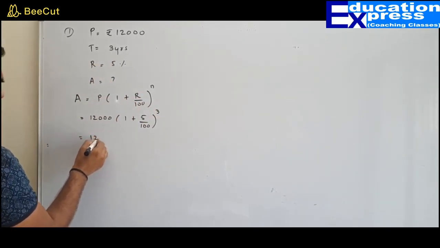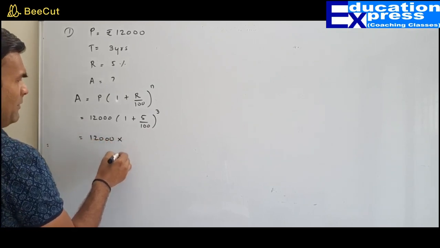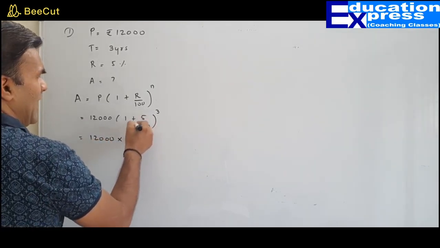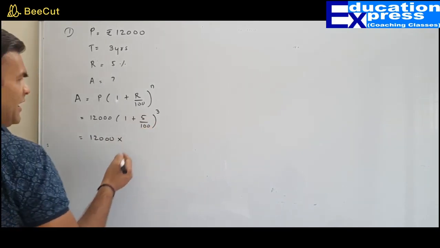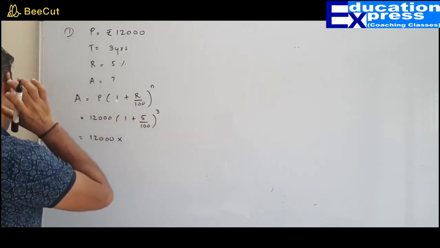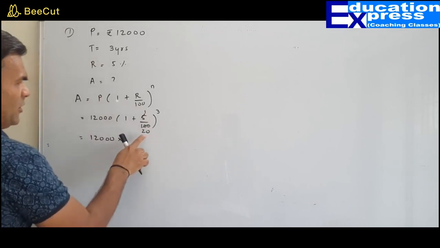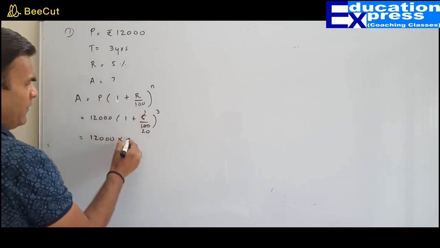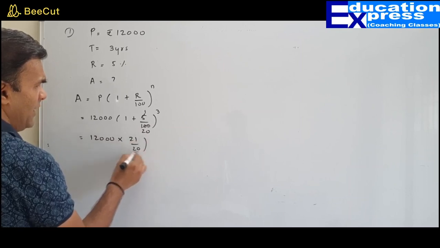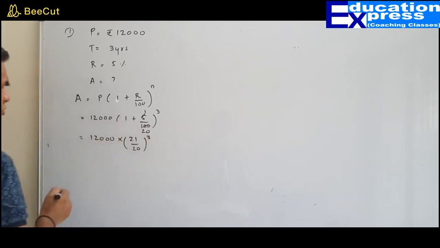What to do? 12,000 multiplied by... If you wish, you can cancel, but usually I don't cancel. In case you wish, let us say this time we will cancel and do. 5 ones are 5, 20s are 20, plus 1, 21 upon 20, the whole thing raised to 3.